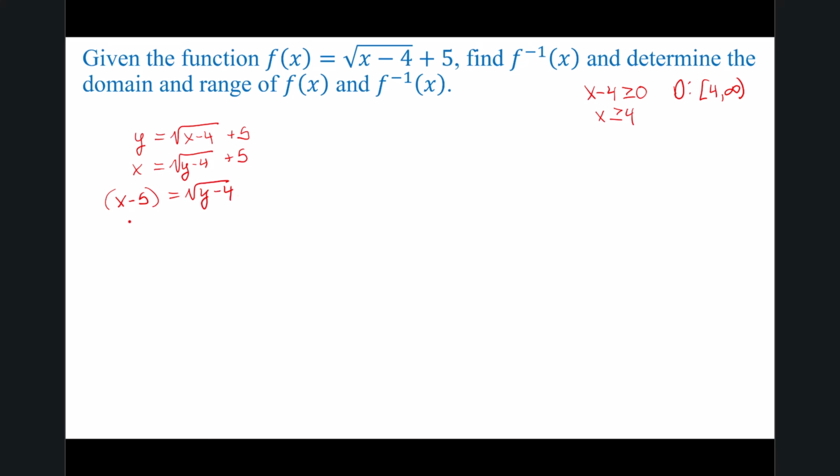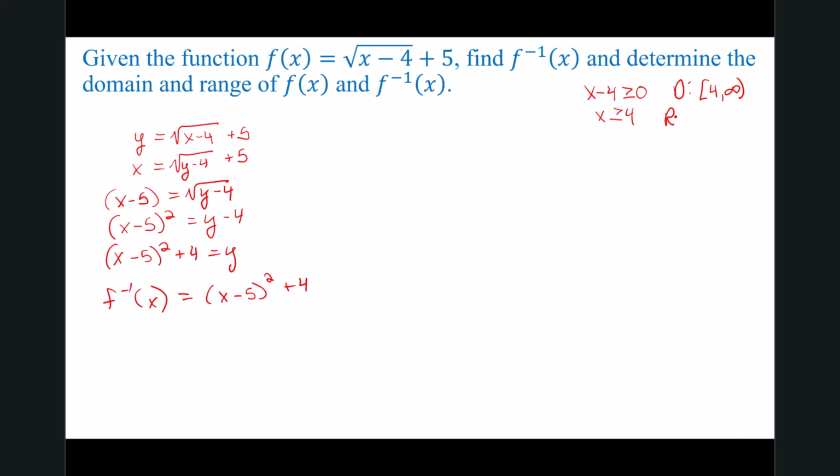And then I will square both sides, and I get x minus 5 squared equals y minus 4, and then add 4 to both sides. So my inverse of f, writing this in inverse notation, is x minus 5 squared plus 4.